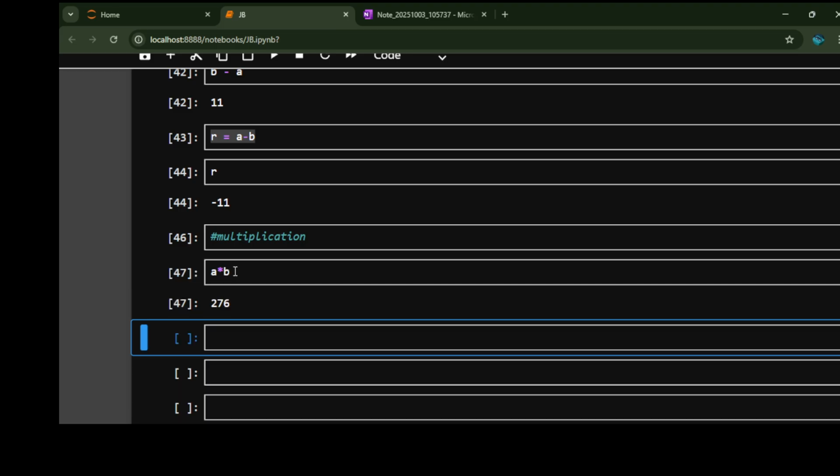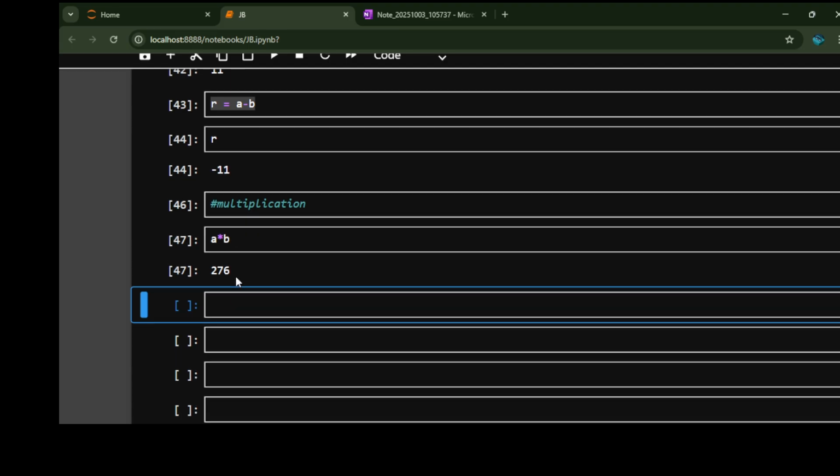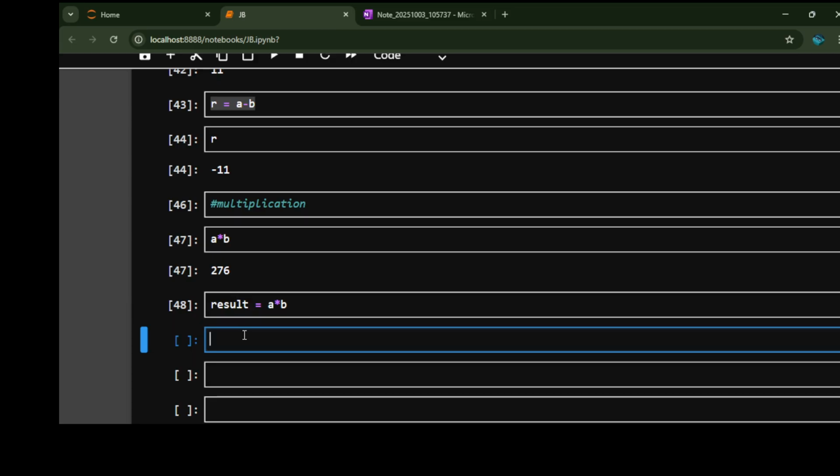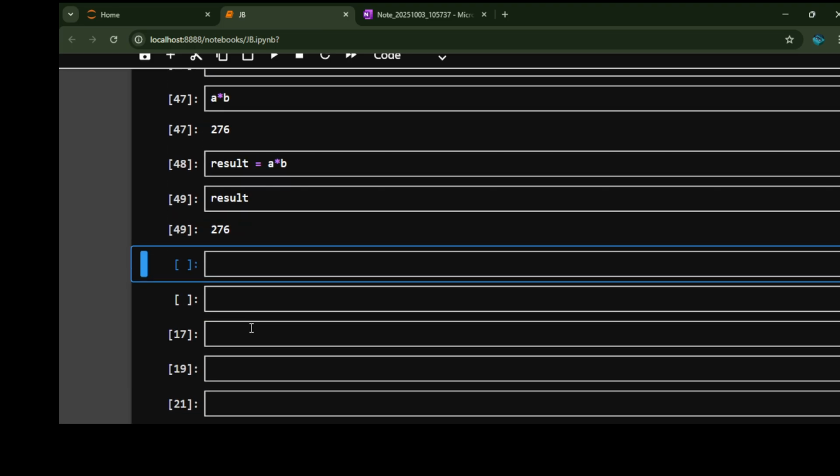This is called asterisk, and the result is a multiplied by b, 276. You can also store that in any variable. a multiply b, this is the result, and the result is having value 276.